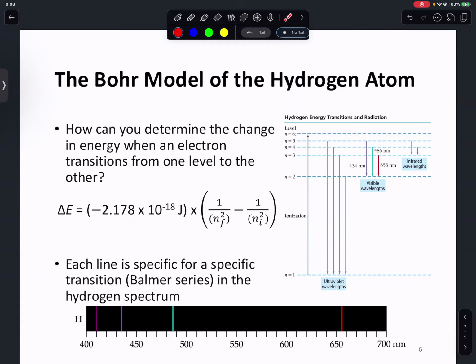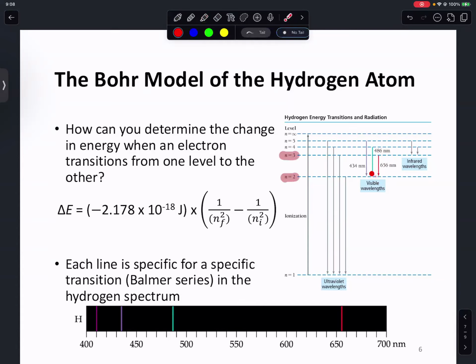So again, note that if I use the two-point form of the Rydberg equation to calculate the difference between n equals 2 and n equals 3, right?